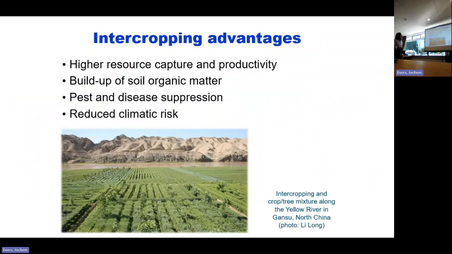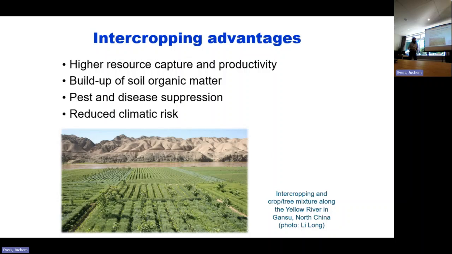Intercropping has a lot of advantages. It produces higher resource capture and productivity, builds up soil organic matter, suppresses pests and diseases, and some can also reduce climatic risk. This photo is a very beautiful landscape in Gansu province in China, and we can see the Yellow River in the middle.